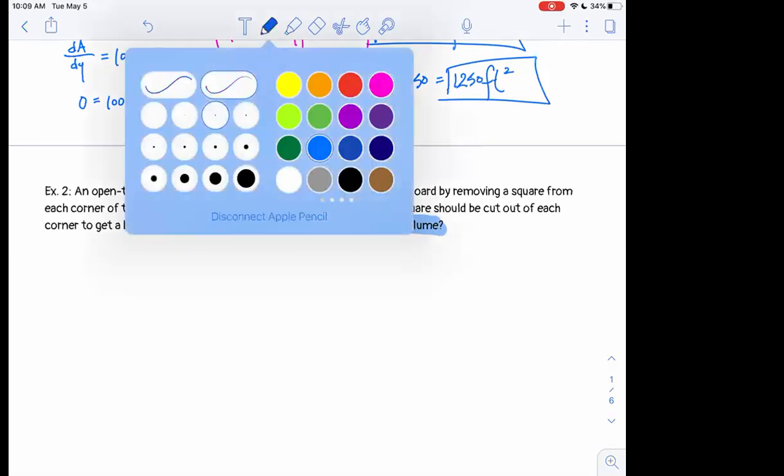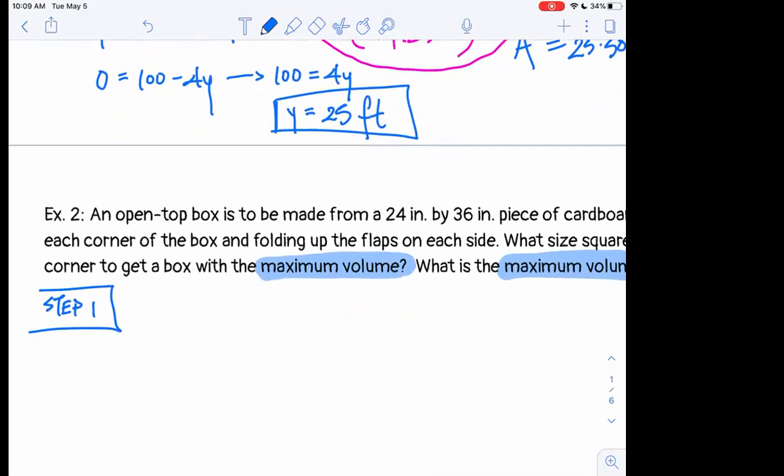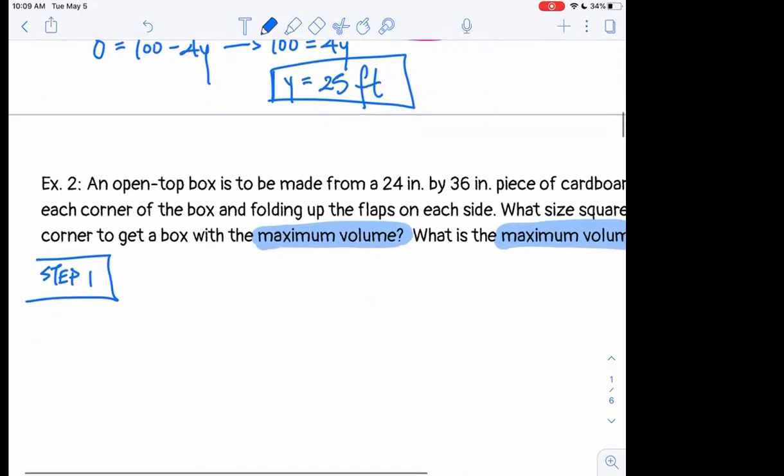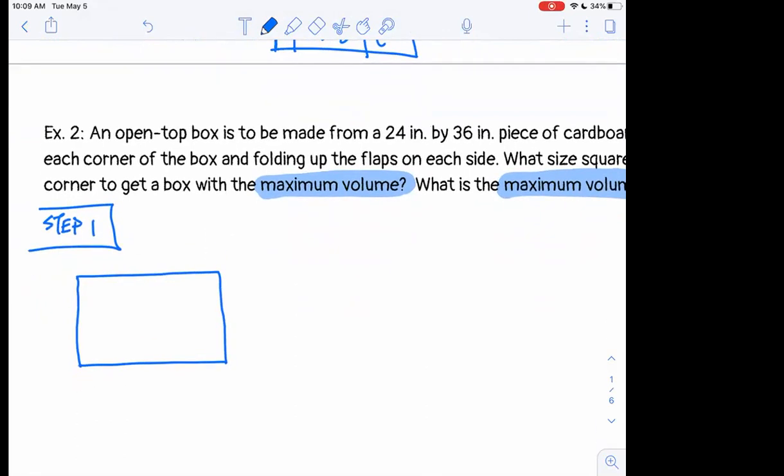Okay, so let's focus on our step 1 for right now. So step 1. All right, so for step 1, I'm going to draw a diagram. And so I'm going to start with this flat piece of cardboard. Okay, and I'm going to label it with the 24 inches by 36 inches.